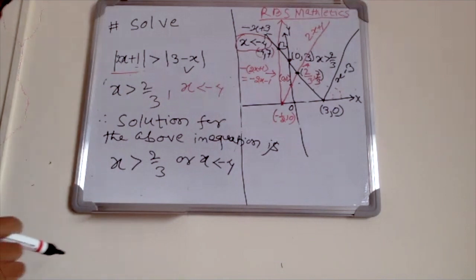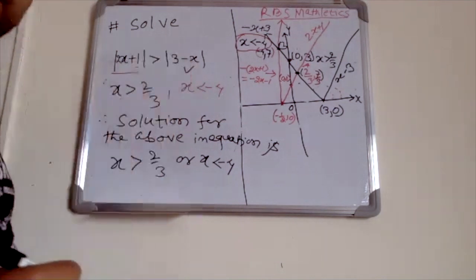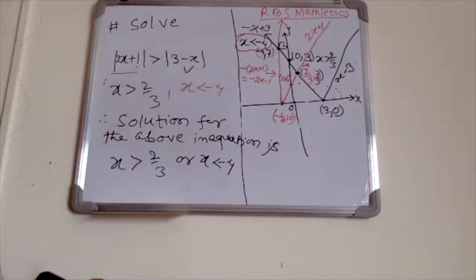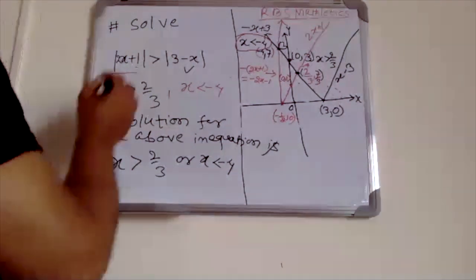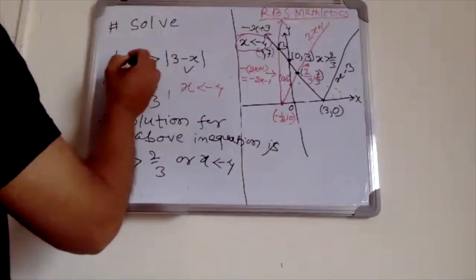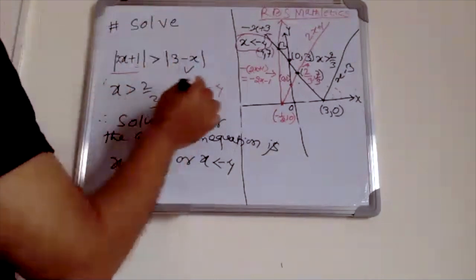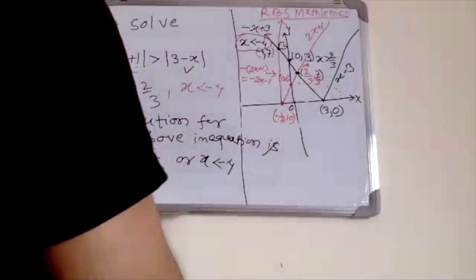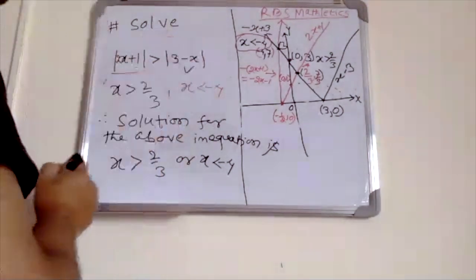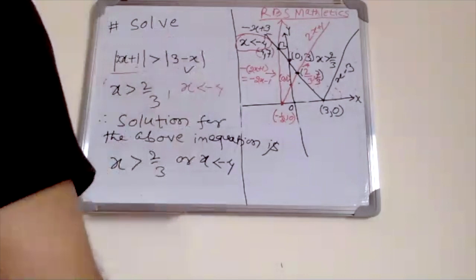And can you think of solving the same problem using the algebraic method also? Yes, you can. There are two methods that I can remember at this point. The first method is to use negative and positive sense by using the definition of inequality, and then you get this solution. Another way is to square both sides and expand it.